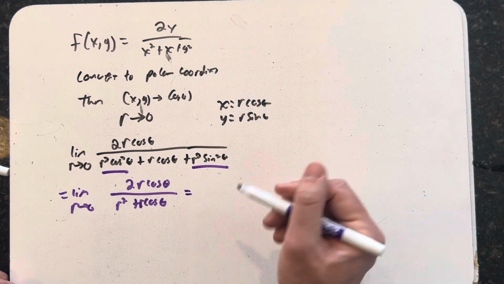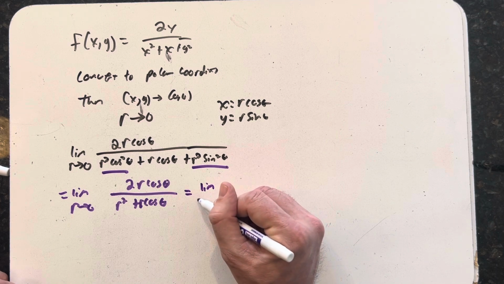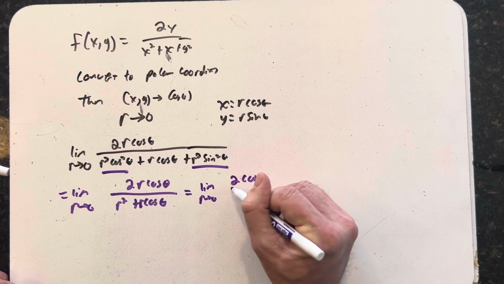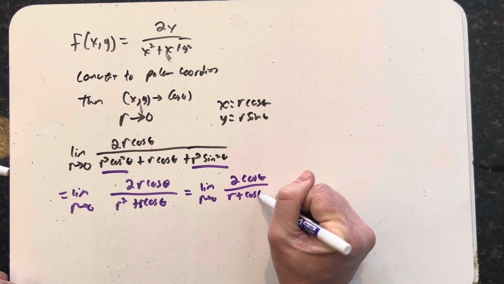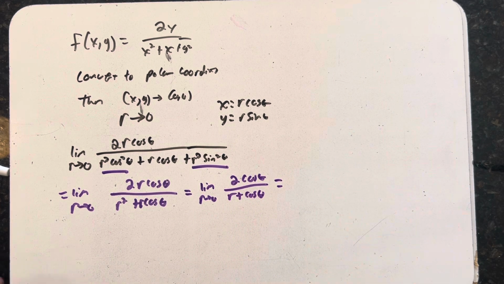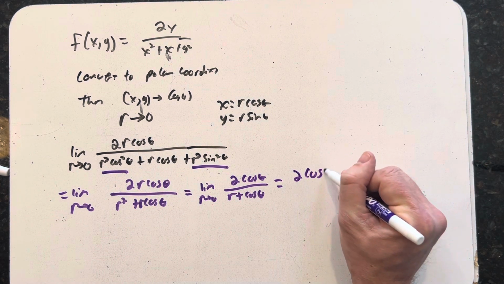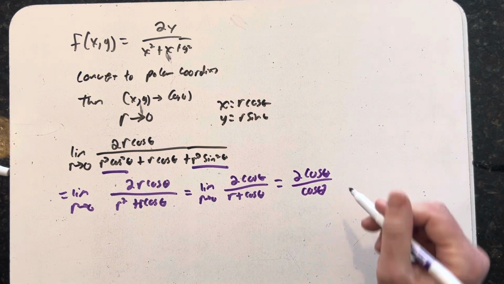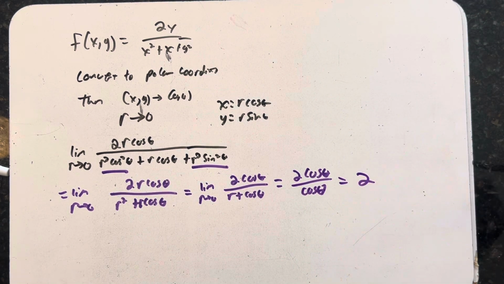Now I observe that everything has an r in it. I could probably have observed this first, but I'm going to cancel out an r. So I have 2 cosine theta on top, r plus cosine theta on the bottom. And that cancellation was what was really important, because now I can take this limit and I get 2 cosine theta over cosine theta.